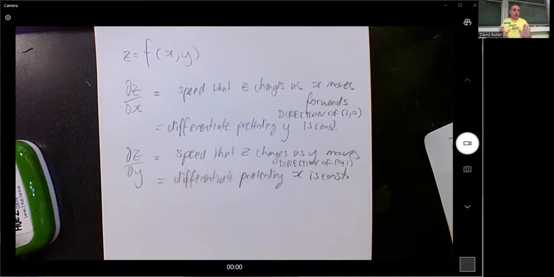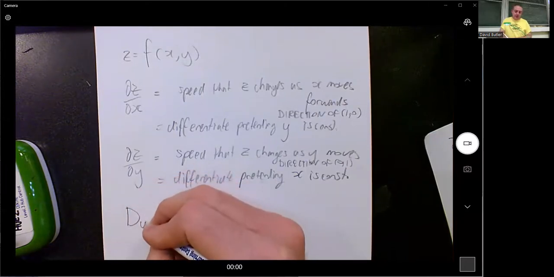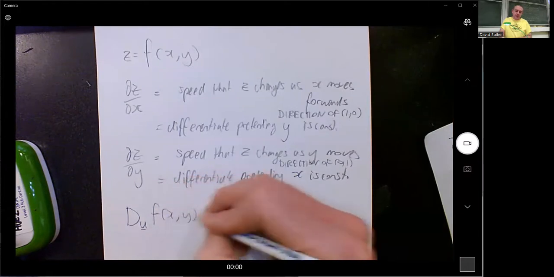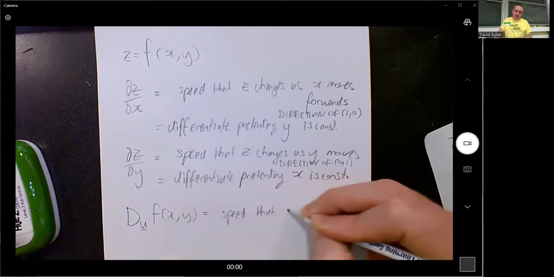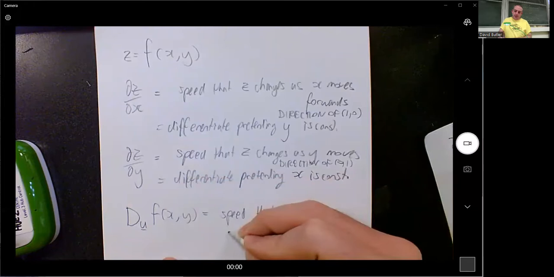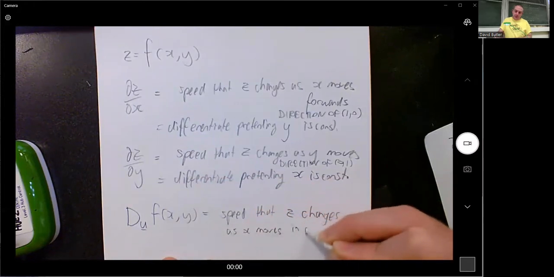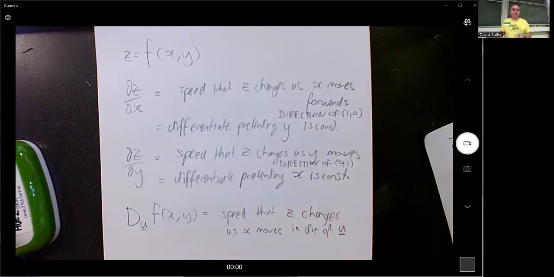Okay, so the directional derivative in the direction of u of the function f at the point x, y, is the speed that z changes as x moves in the direction of the vector u.